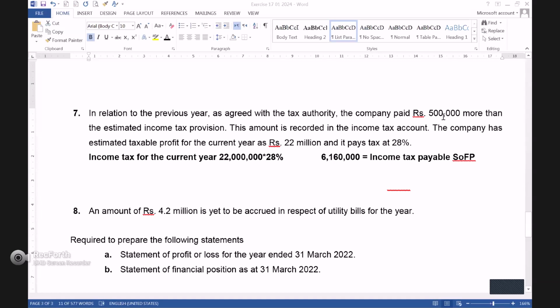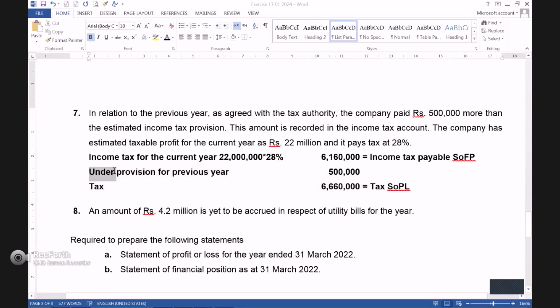The company paid 500,000 more than the estimated income tax. If the income tax is 1.5 million as provision, but you have to pay 2 million, therefore it is an over provision. Over provision for the previous year income tax.